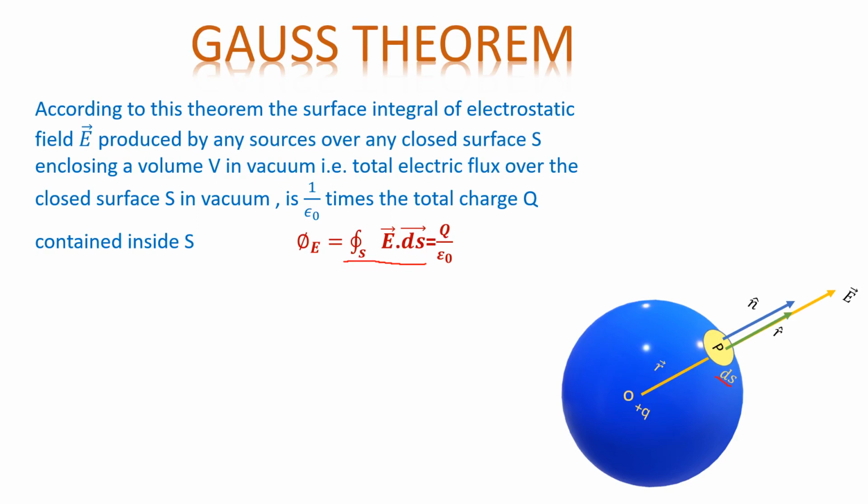So according to Gauss theorem, total electric flux, that is surface integral of E dot ds over a closed surface S, this is the closed surface, its volume is V in vacuum, is equal to 1 upon epsilon naught times total charge Q present inside the surface.